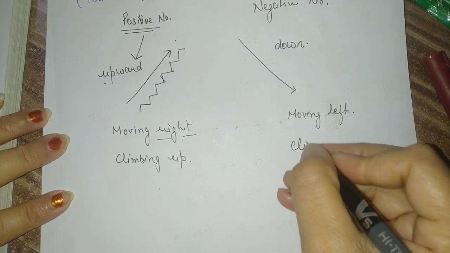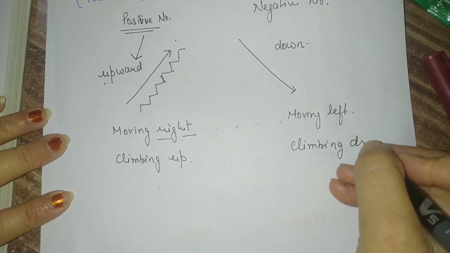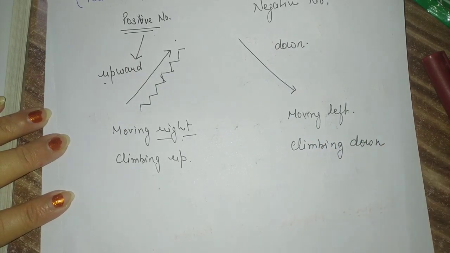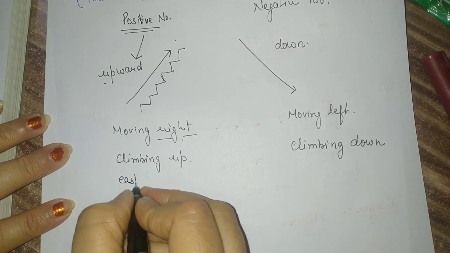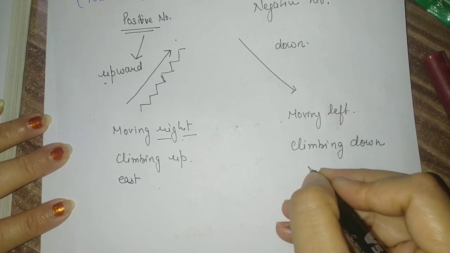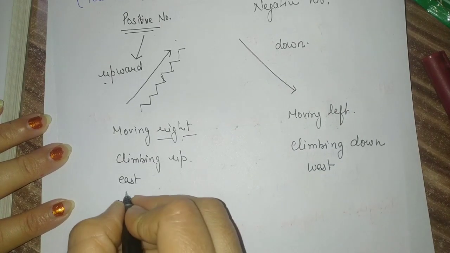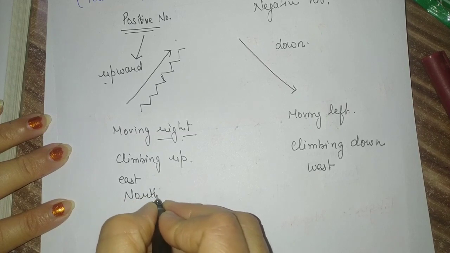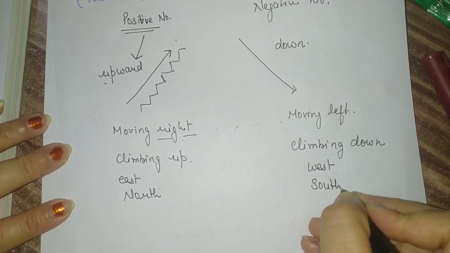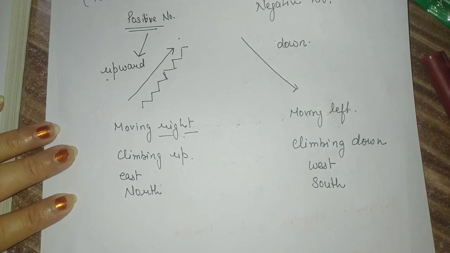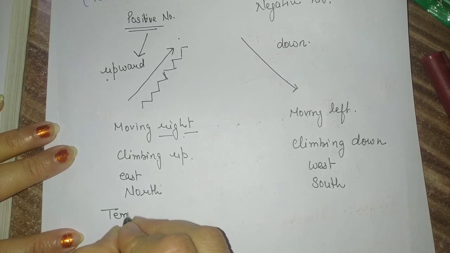Down. That is we say climbing down. That is our negative number. If we are going east, positive; their opposite side, west, negative. Same: north, positive, then south, negative.